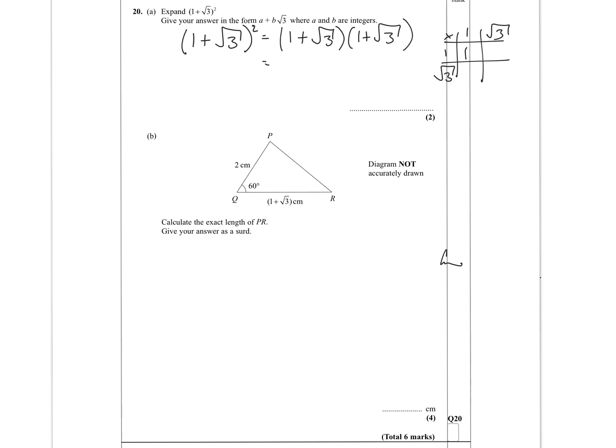So 1 times 1 is 1, 1 times root 3 is root 3, 1 times root 3 is root 3, and root 3 times root 3 is just 3 by definition of what a root is. So we've got 4 and 2 root 3's. So there's our answer in that form, 4 plus 2 root 3.